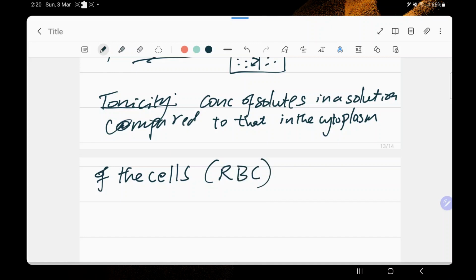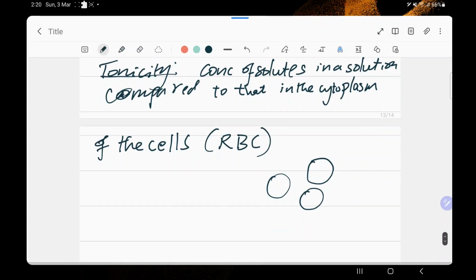So what does that mean? Look, your RBCs, for example, are floating in the plasma, which is part of the ECF, in the blood vessels.